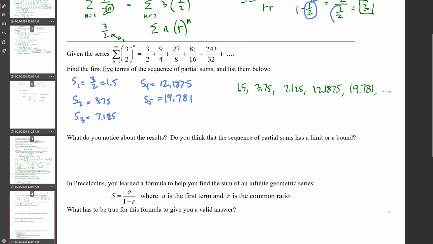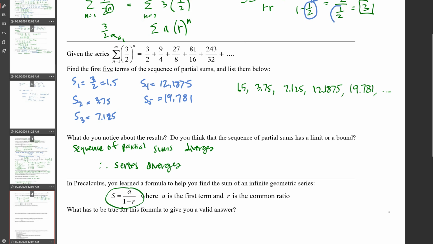It actually increases without bound. So what we notice is that the sequence of partial sums diverges, and because it diverges, this series also diverges.